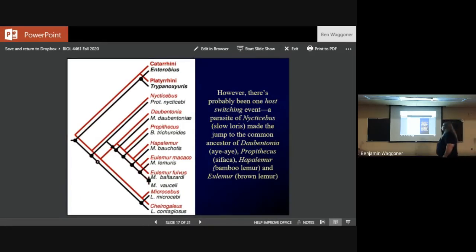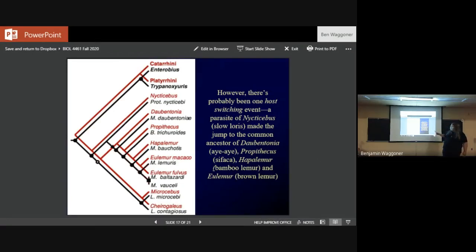There's a host switching event if you look down at the base of the branch that's giving rise to Nycticebus, the slow loris. You might be able to see that there's a parasite that infects Nycticebus, and that should have split into two lines, one of which would go to Nycticebus. Well, okay, there's the one for Nycticebus.